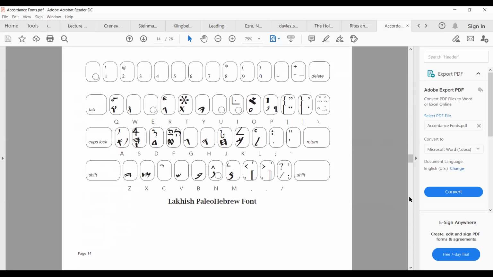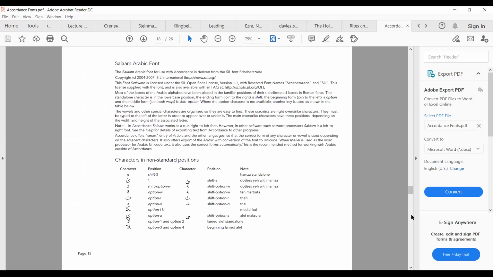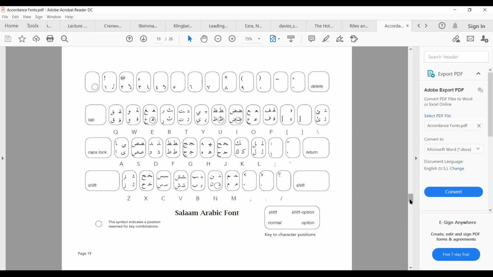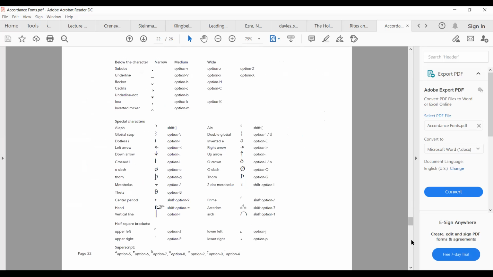And do you see, you can even type with the Paleo Hebrew as Lachish letters, and you can do even this. Or Peshitta, you can type Peshitta. So everything is available here with this font, and actually it's very good.